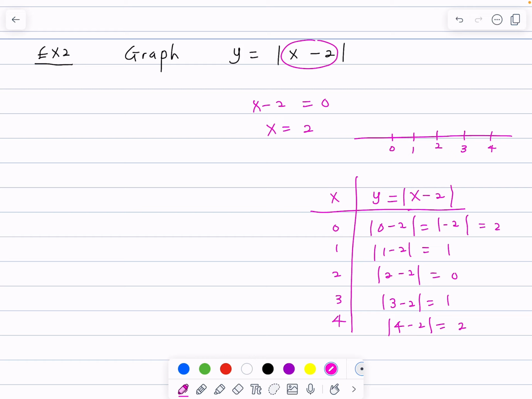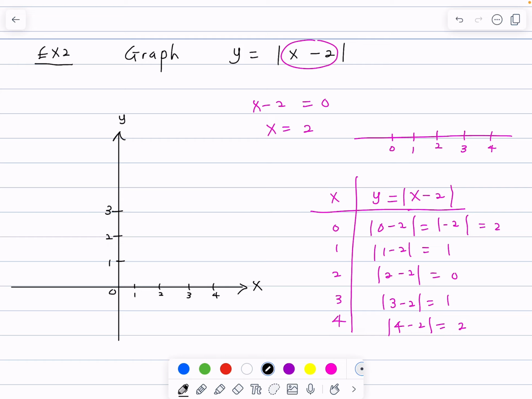So you have that. Now, if I draw the grid, I have this y and this x axis. I have 0, 1, 2, 3, 4, and on the y-axis 1, 2, 3.